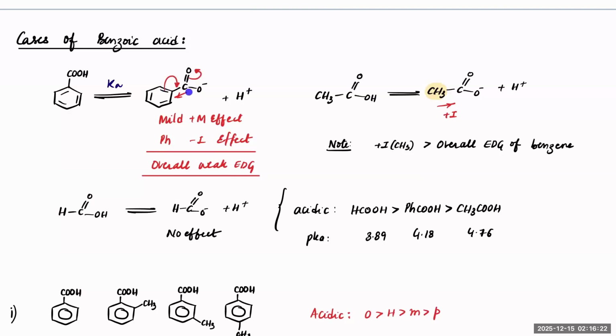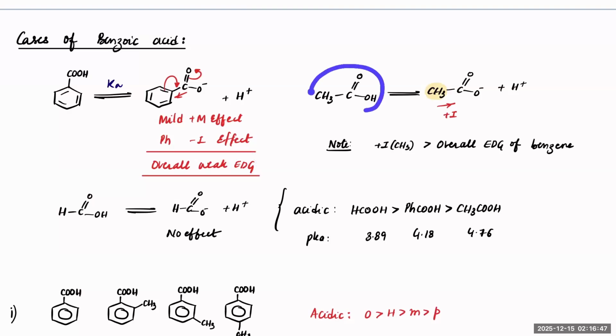And second, phenyl as it is has minus I nature, so it will show some minus I effect. But what has been observed is that overall this resonance part will be slightly dominant over the withdrawing group. Hence, overall benzene group on COO minus is an electron donating group.